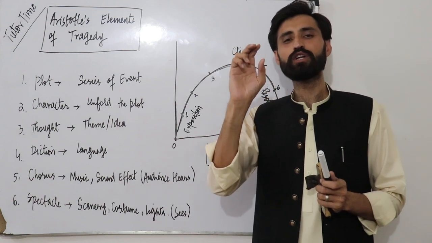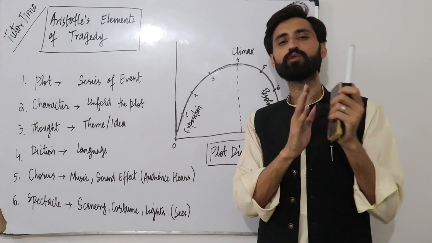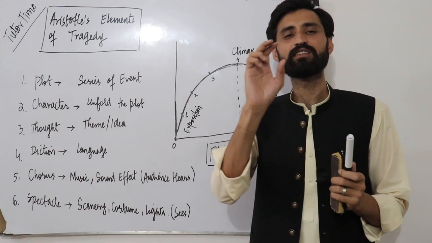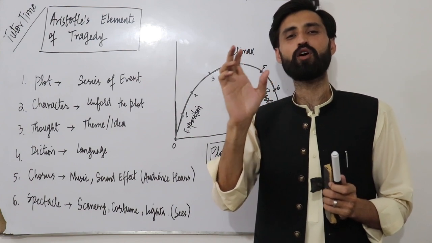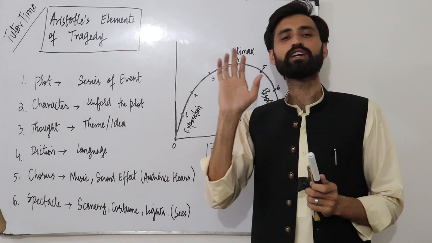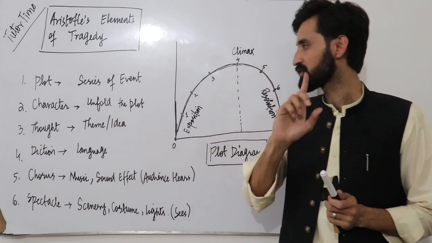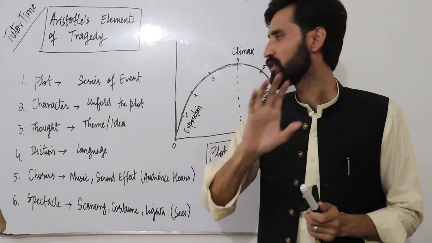The placement or positioning of events can depend on the writer's will. So we can simply say that plot is a series of events.